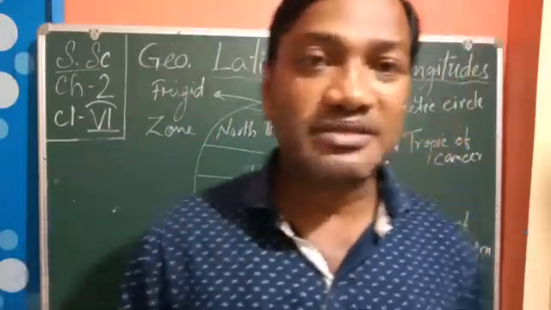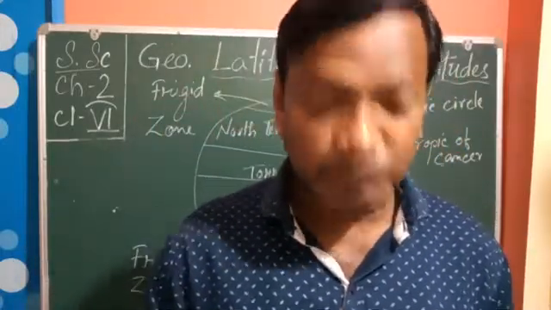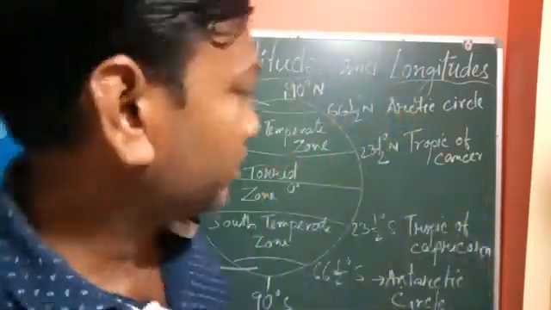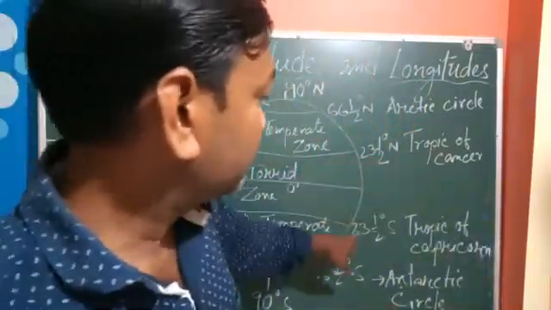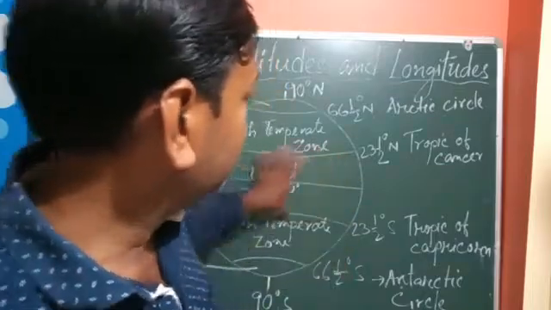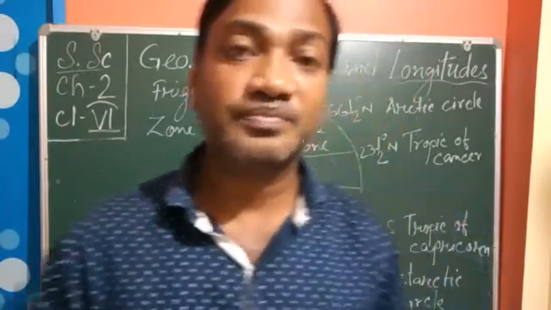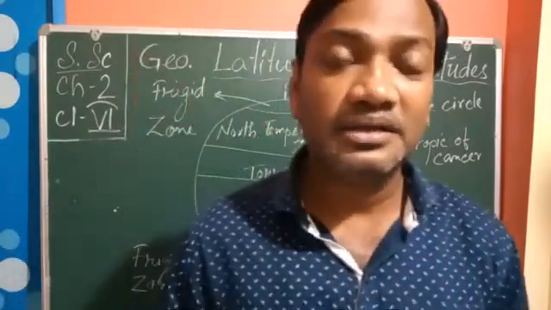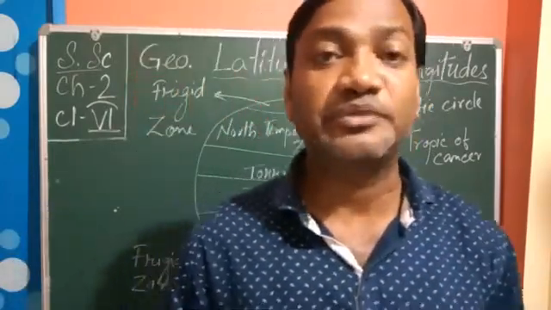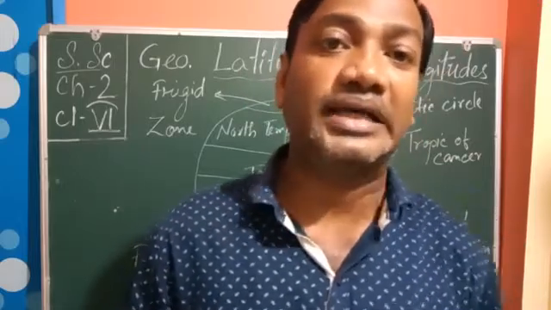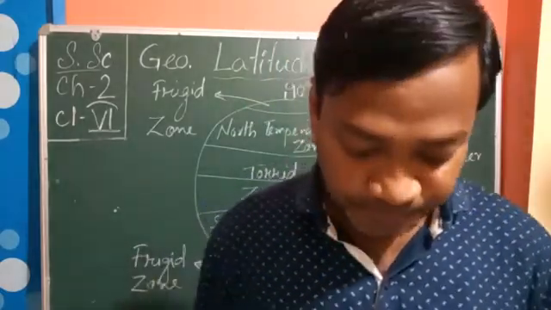All the places located between the Tropic of Cancer and the Tropic of Capricorn, the countries we find between these, are in the torrid zone. Torrid means heat. So they are in the heat zone, you can say.